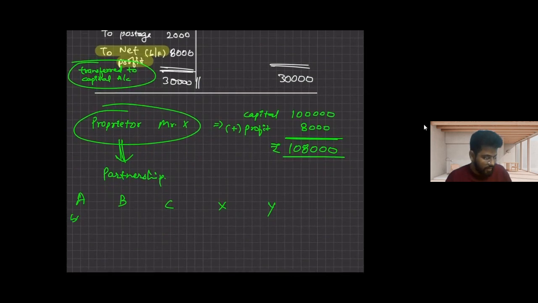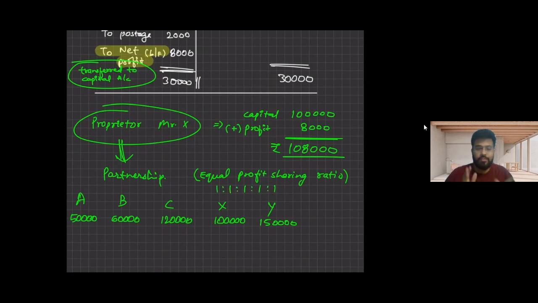Let's say A has a capital of 50,000, B has 60,000, C has 1,20,000, X has 1 lakh, and Y has 1,50,000. And they have an equal profit sharing ratio between them. That means it is 1 is to 1 is to 1 is to 1 is to 1.